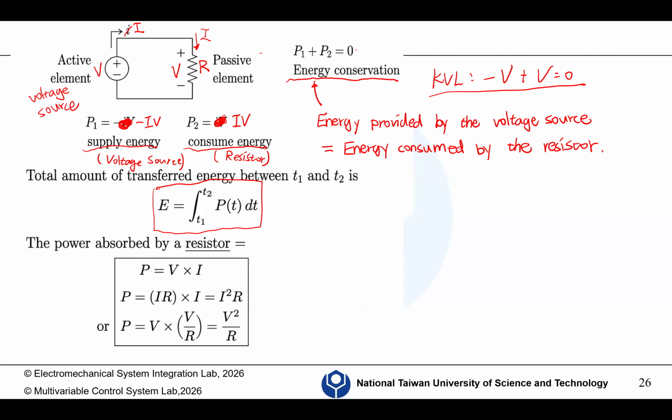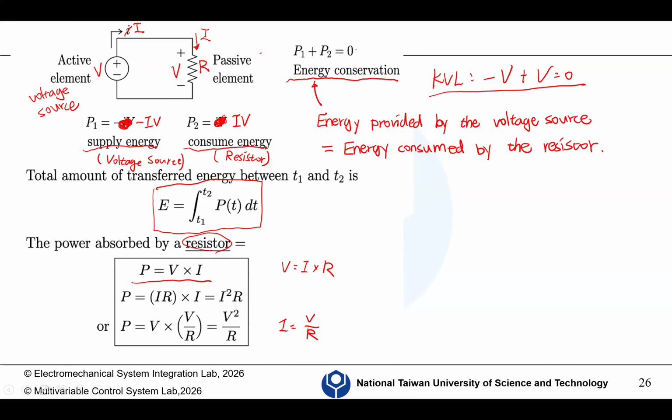It can be derived from P equals V times I. You just combine it with Ohm's law, V equals I times R. You can replace voltage by I times R, and you have I squared times R, or you can replace the current by V divided by R, so you have P equals V squared divided by R. So these are two other alternatives to calculate the power of a resistor.